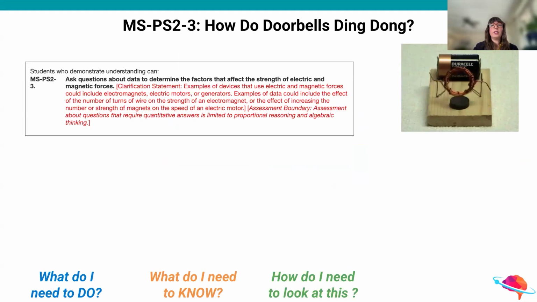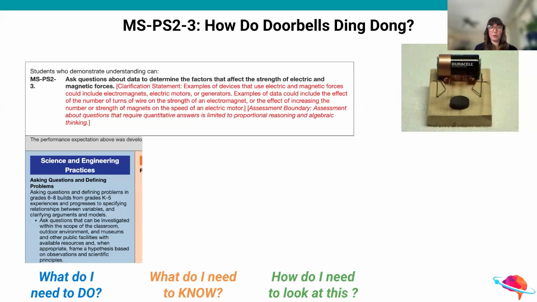So we're going to dig back into this MS-PS2-3 performance expectation or standard, which asks students to ask questions about data to determine the factors that affect the strength of electric and magnetic forces. And again, we're looking at this phenomenon of how do doorbells ding dong, and we're talking about old school mechanical doorbells here. So to approach proficiency on this standard, let's evaluate that first.